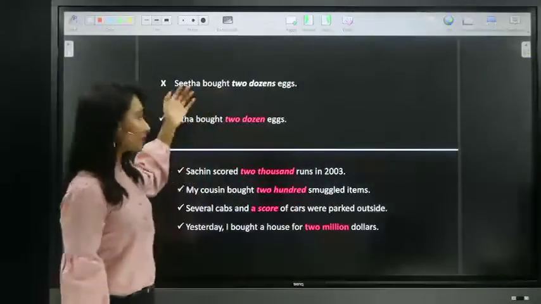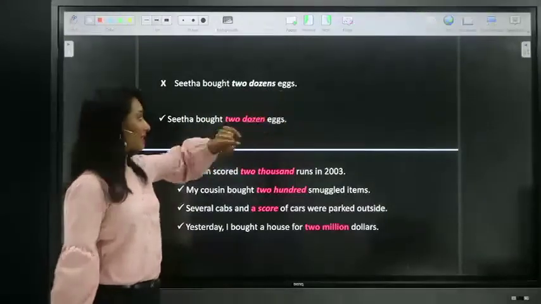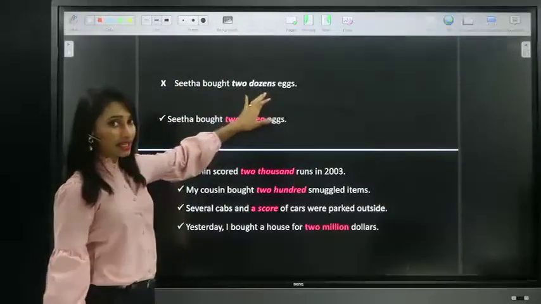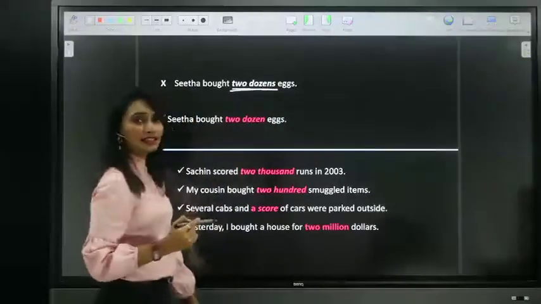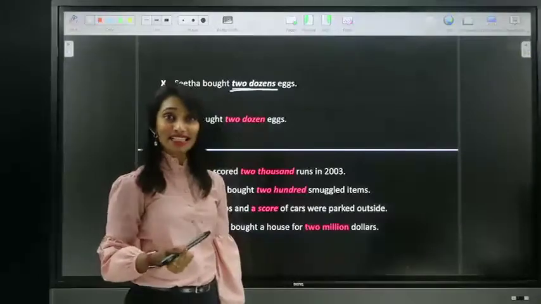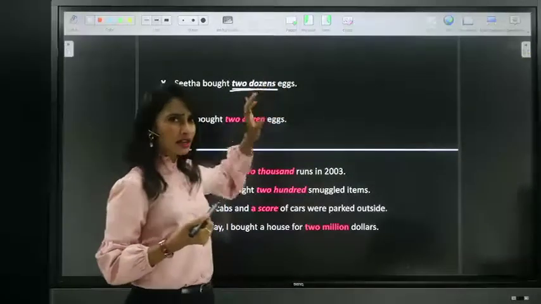Look at this. Sita bought 2 dozen eggs. Guys, we discussed it under nouns number in set 12.